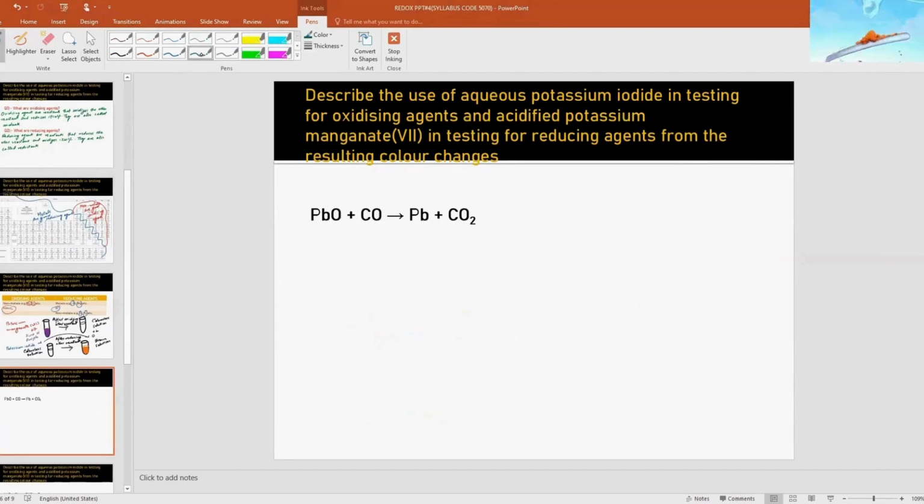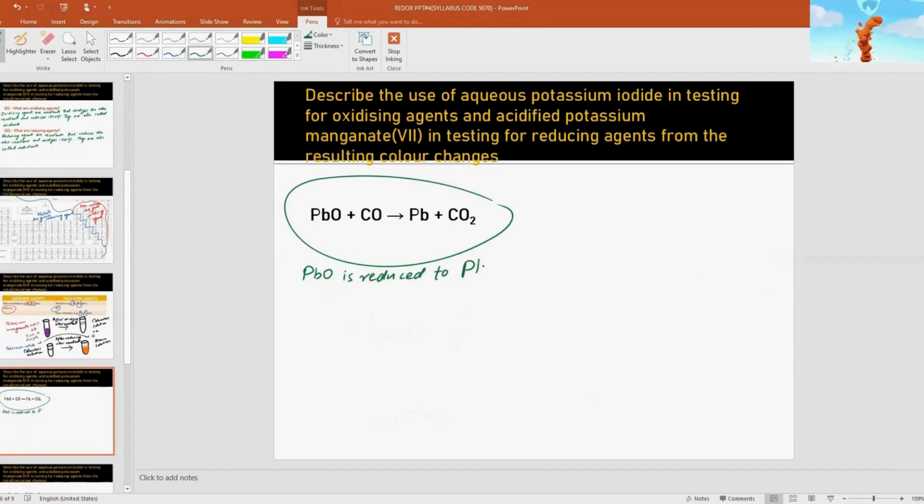Now let's find the oxidizing and reducing agent in the above reaction. In this reaction, PbO is reduced to Pb as it loses oxygen. Also, the charge on Pb changes from +2 to 0.